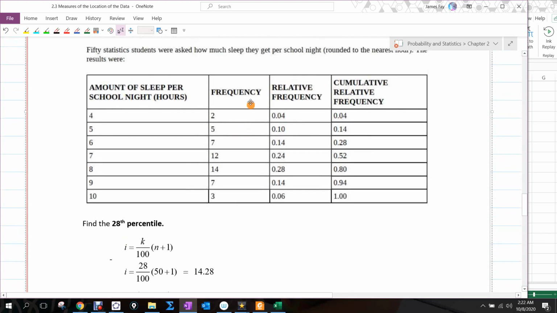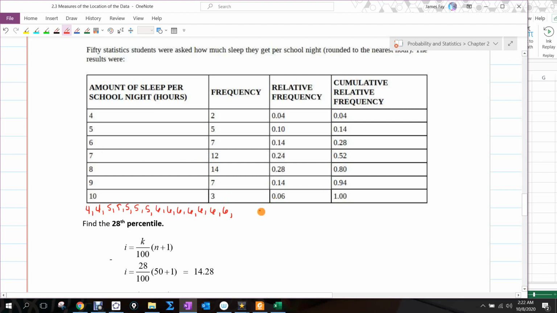Because this is a frequency distribution table, if I had the list of data, we would have 4, 4, because there's 2 of them. We'd have 5, 5, 5, 5, 5, because there's 5 5s. Number of hours of sleep would be 6, so we got 7 6s: 1, 2, 3, 4, 5, 6, 7.